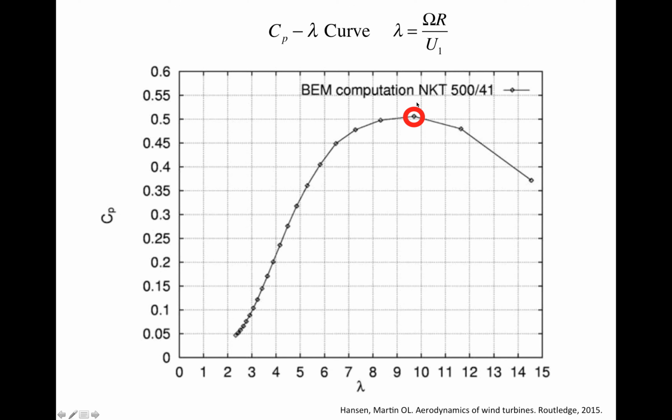So this Cp-lambda curve allows us to control the turbine and make sure that it stays at the optimal state.